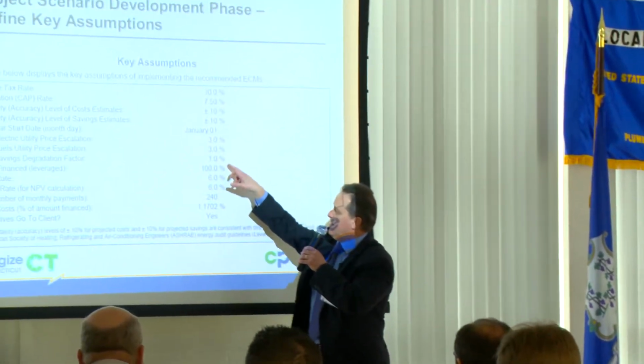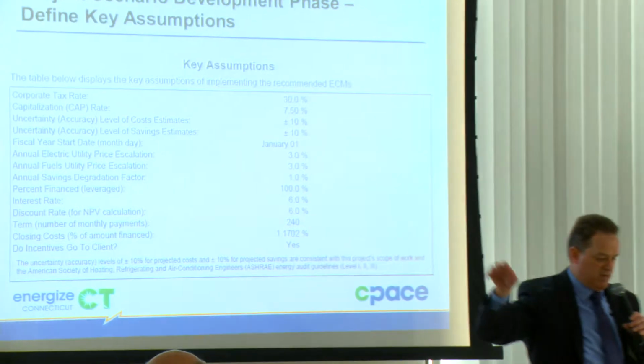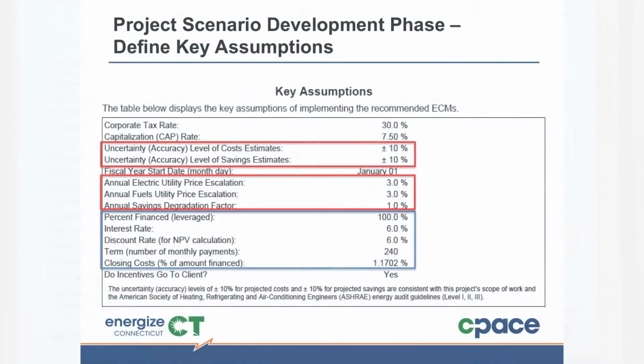The other thing, Anthony referenced the price escalation factors. Of course, that is a critical component as well, right? So there's escalation factors for electric and fuels. Generally, I think, Anthony, you mentioned it this morning, right?